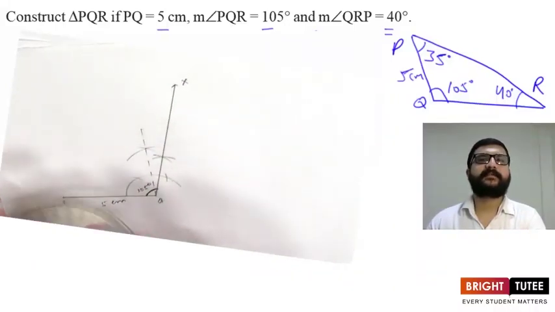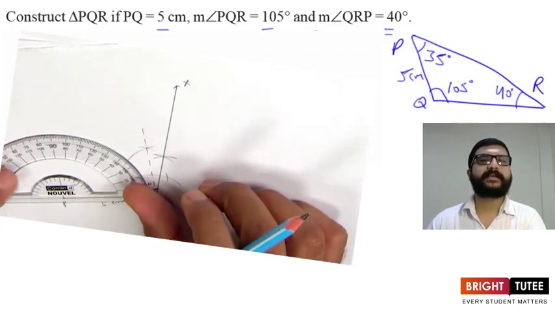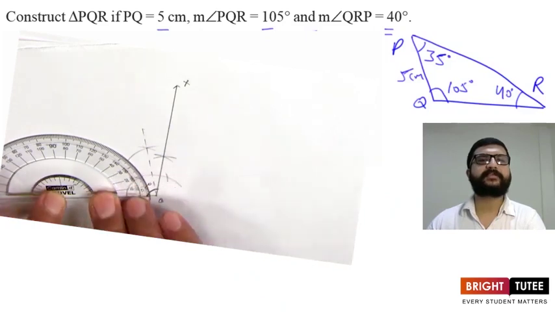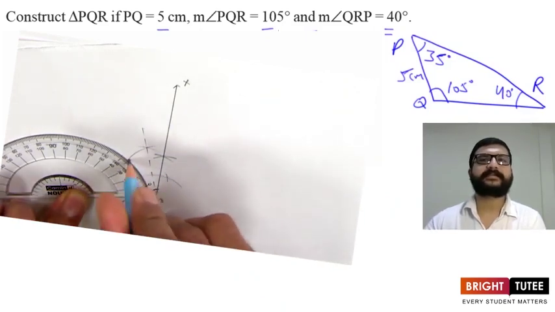Now in the next step we will construct a 35 degrees angle at P, or we can say we will make an angle of 35 degrees at P. So it will be like this.